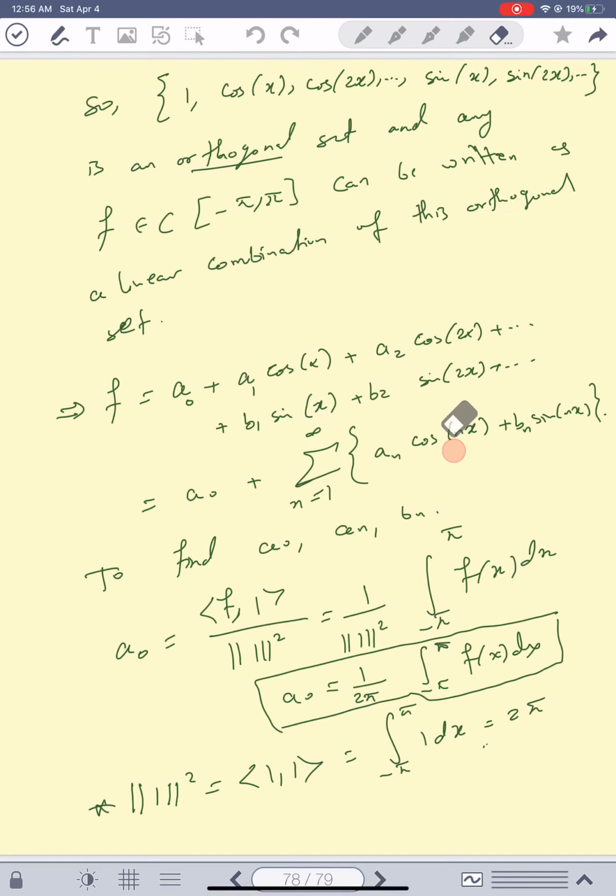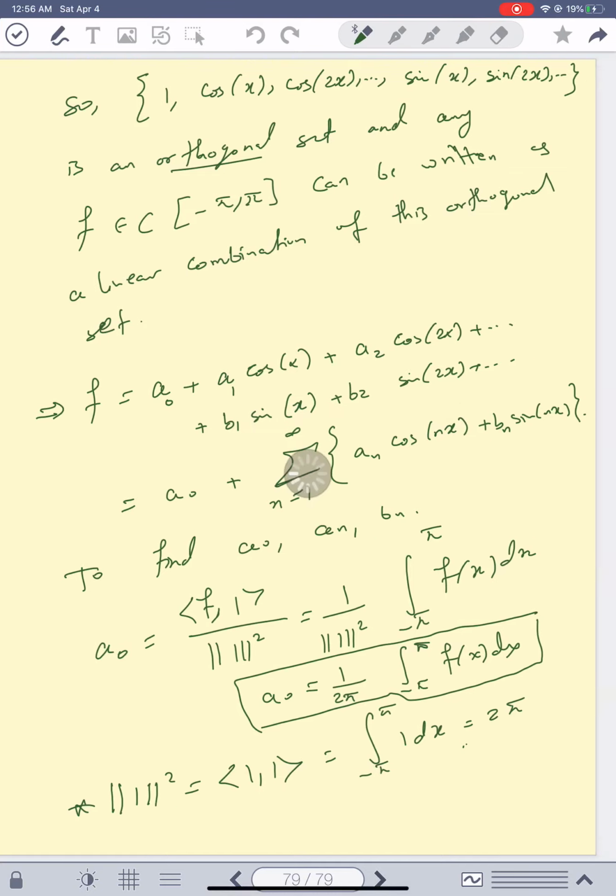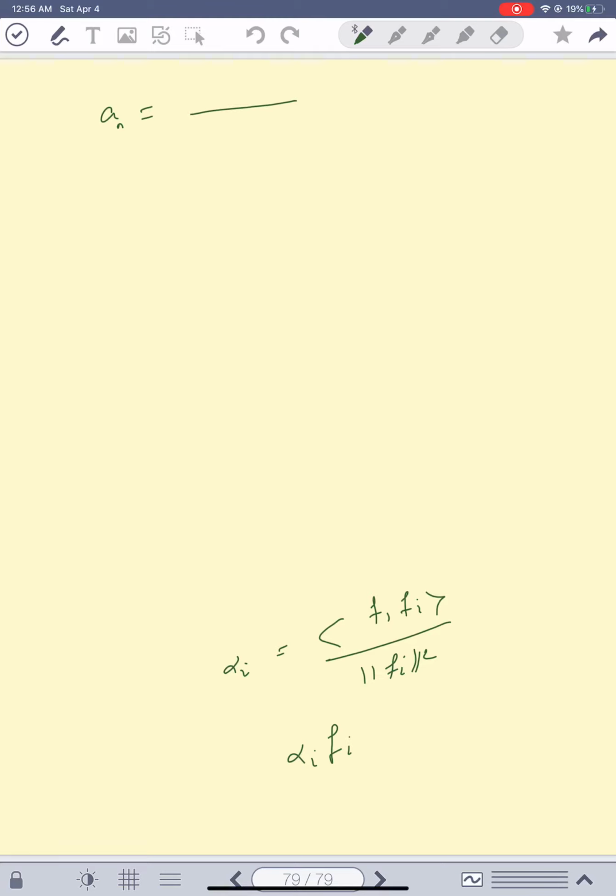So now the fi is cosine nx. So basically I take the inner product of f with cosine nx, and then we divide by the magnitude squared of cosine nx, which is 1 over the magnitude squared, times the integral from negative pi to pi of f of x cosine nx dx.